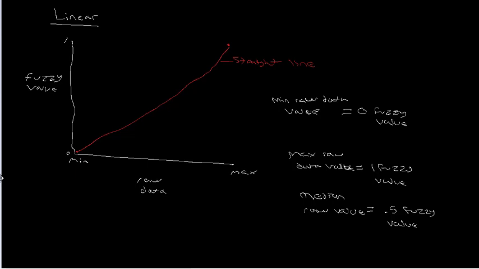So what does this mean from a suitability perspective? It means that the maximum raw data value is going to have the highest possible suitability, and that it's going to decrease linearly to the minimum, which is going to be the least suitable.